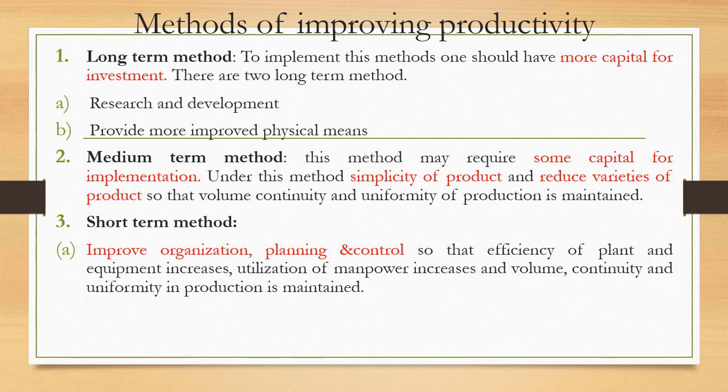So the first point that we need to understand under the short-term method is we are going to improve organization, planning and control to achieve utilization of overall resources, utilization of manpower properly, and to maintain our production rate.